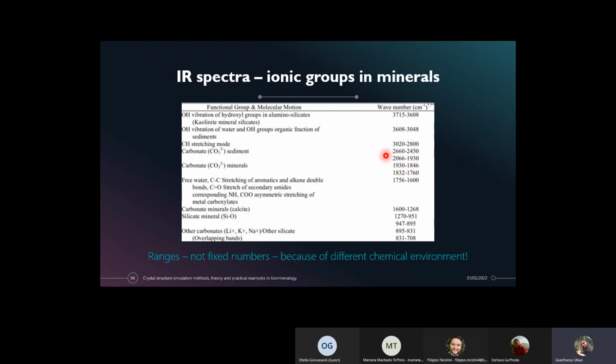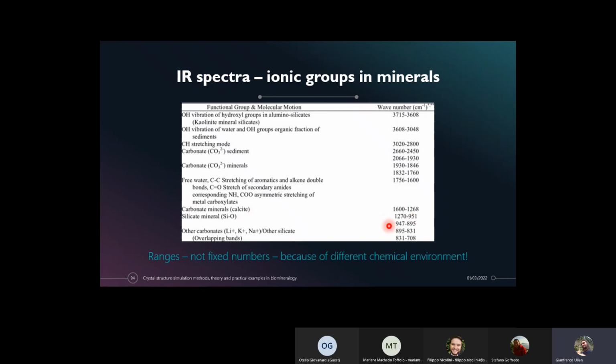You can see a difference of almost 700 reciprocal centimeters. So you may have a very different behavior of your system. And here in calcite, look here, you have the stretching modes of the carbonate ion groups.